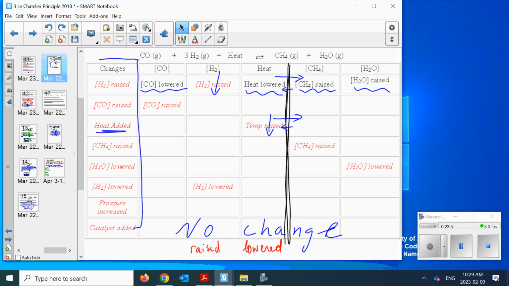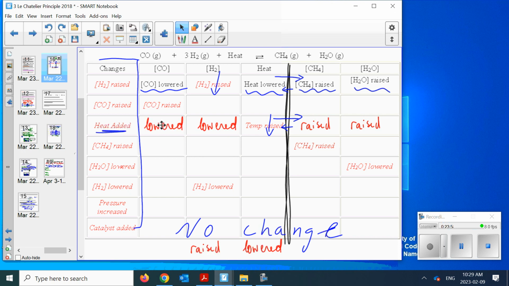That means if it shifts more to the right, what happens to the two products, the CH4 and H2O? They're going to increase. They're going to raise. Right? Now, I'm just saving myself some error. And if that side's going up, the temperature, heat energy is reducing, it's lowering, everything else on the left side has to lower as well, right?